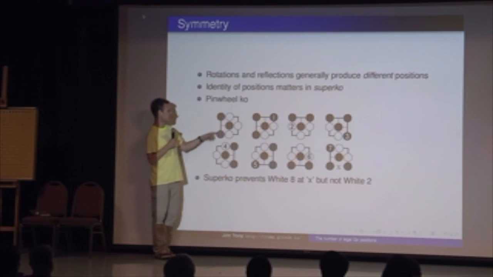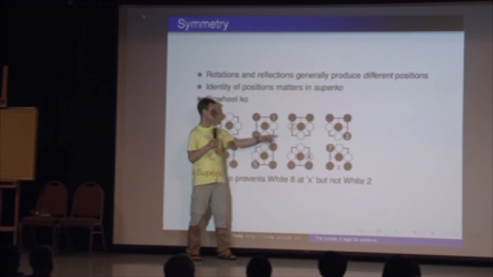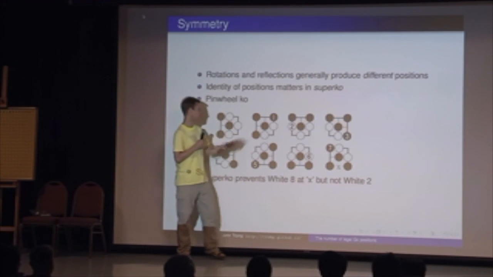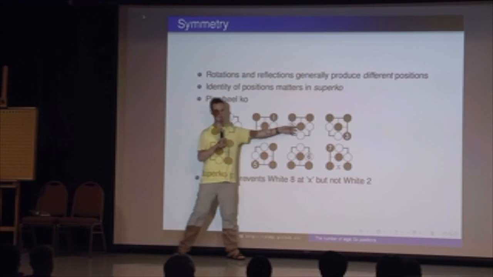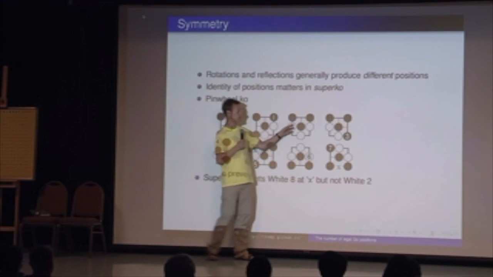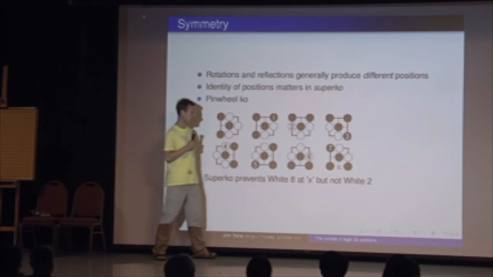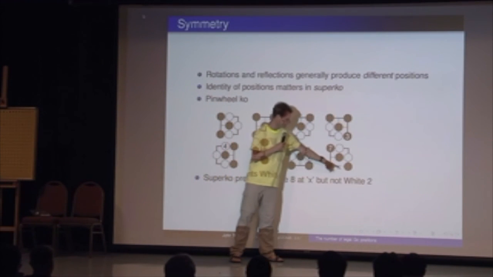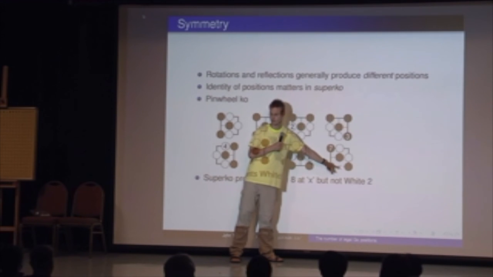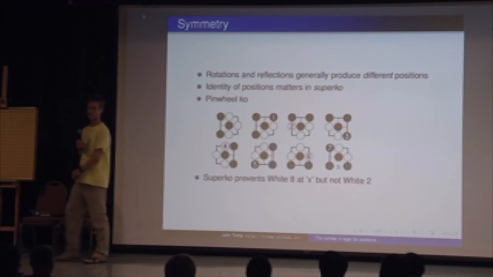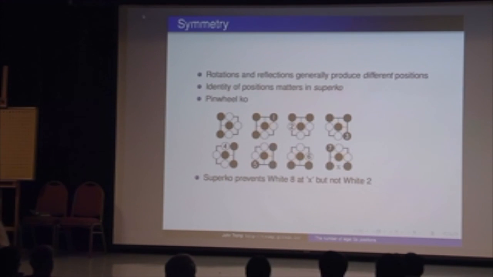So for instance, in this case, after black takes here, we allow white to capture here, even though this is a rotated version of this. We don't consider these to be the same. So we allow white capture here, black can capture here, and it's like a merry-go-round. And it's not until this point that we say, okay, white, you cannot play here because of superko. That would repeat the position. So symmetries in this talk are just ignored.